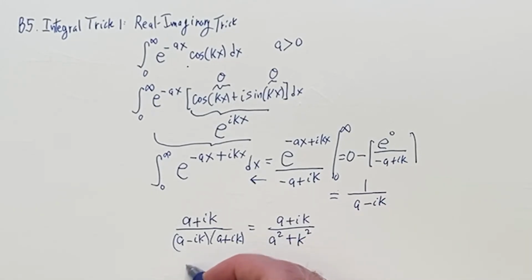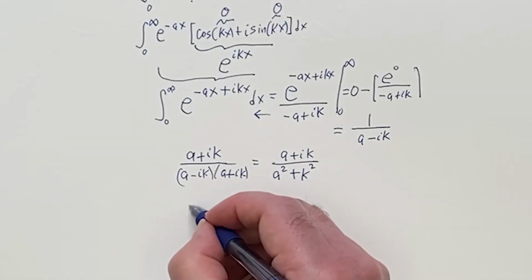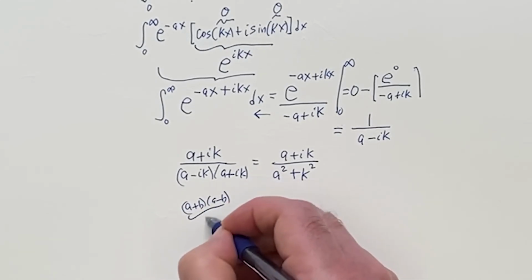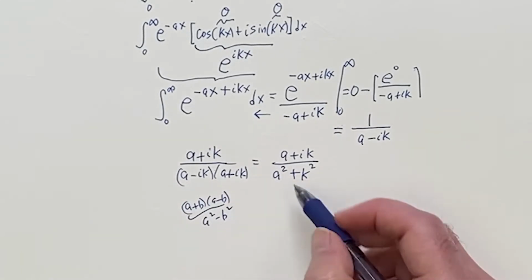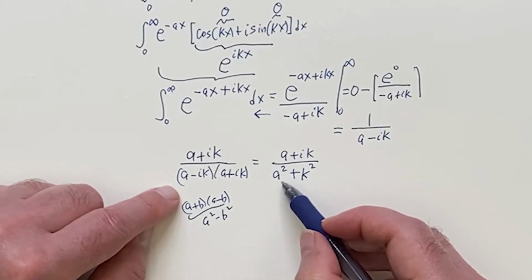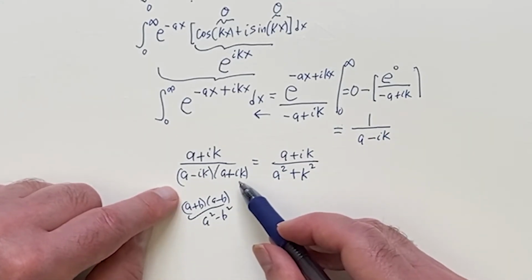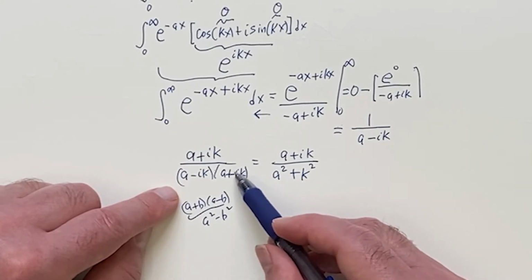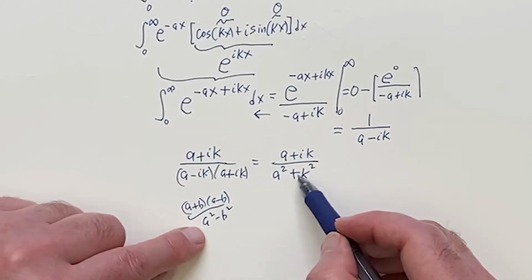Remember, whenever you have a plus b and a minus b, you get a squared minus b squared. So the a squared is here and the b squared is your ik, that whole thing getting squared, which will bring in a minus sign, but cancel that minus sign, you get this.